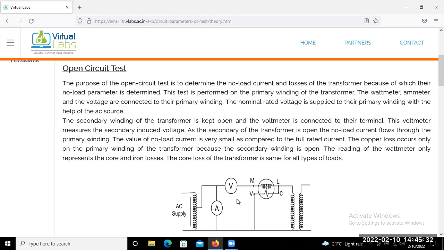You can easily measure that with a standard measuring instrument. But if you perform the open circuit test on the HV side, then we have to measure the HV side, that means 11 kilovolt. That is not possible with a standard measuring instrument. That's why we perform the open circuit test at the LV side. Is it clear to all of you?